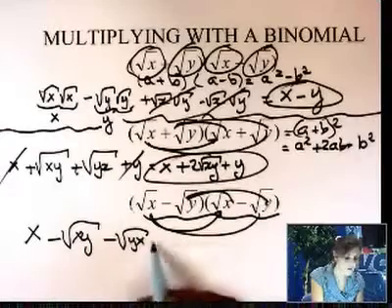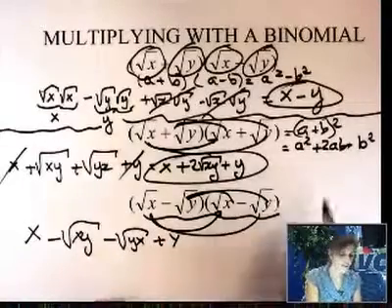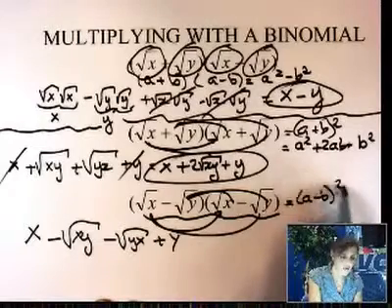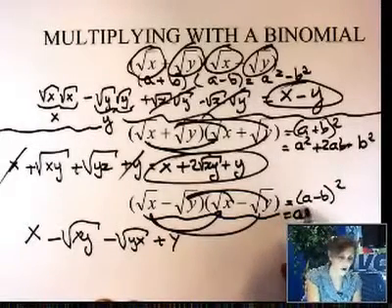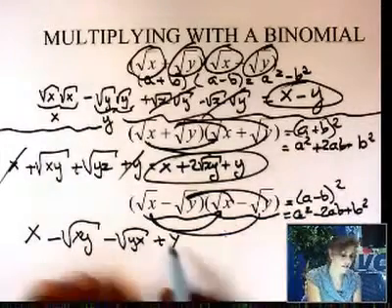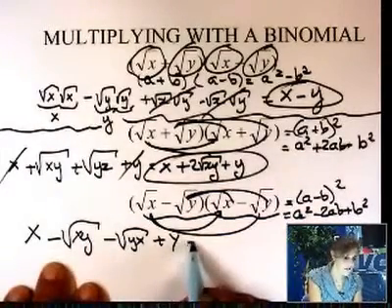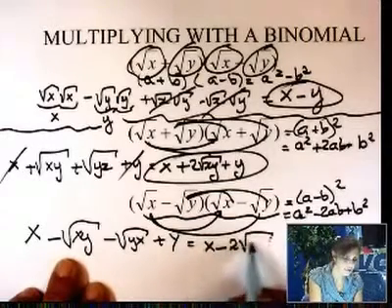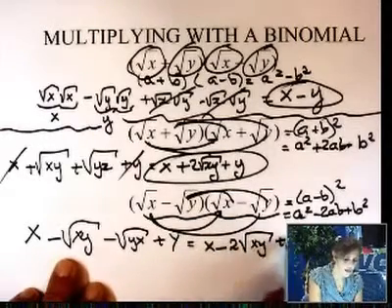And the last one, that's going to be that. So what is the difference? This is like (a minus b) squared. Remember what that was? It's a squared minus 2ab plus b squared. And did that turn out that way? It looks like it. x minus 2xy plus y.